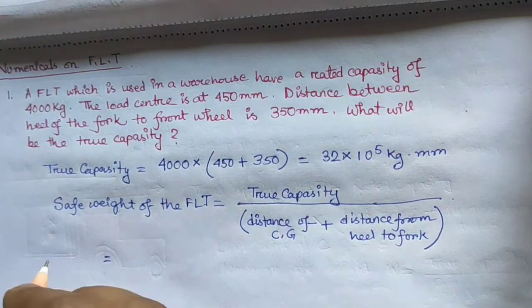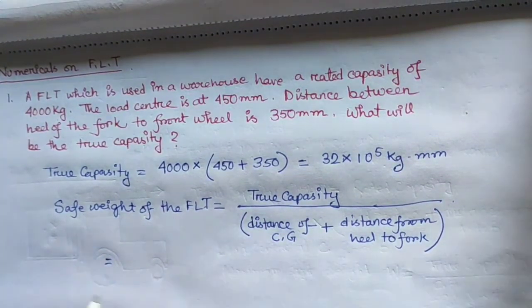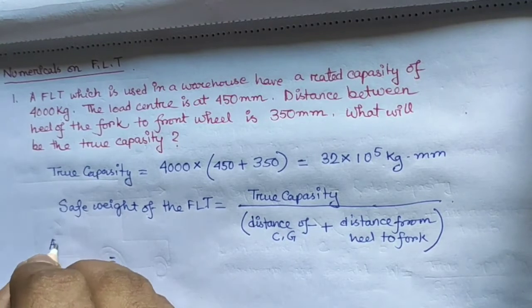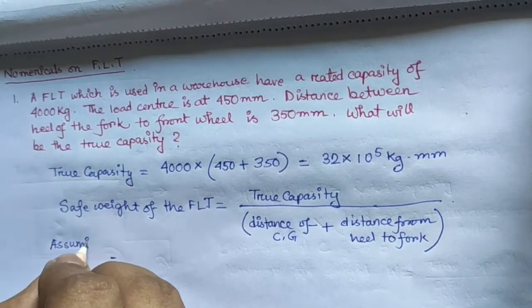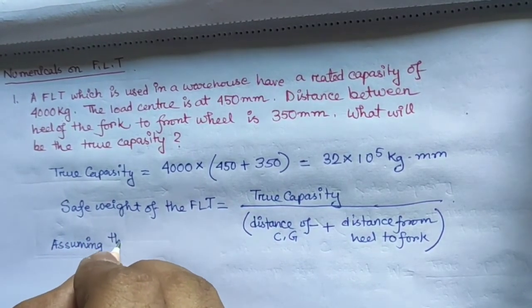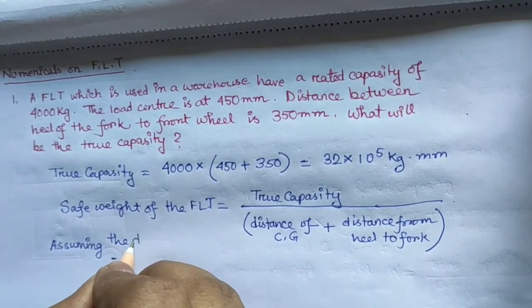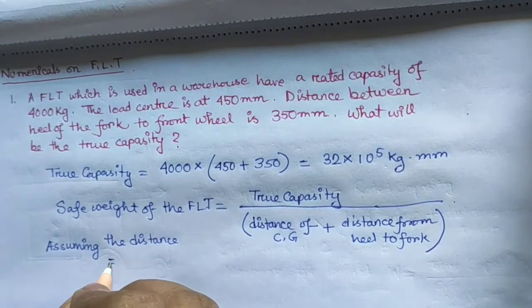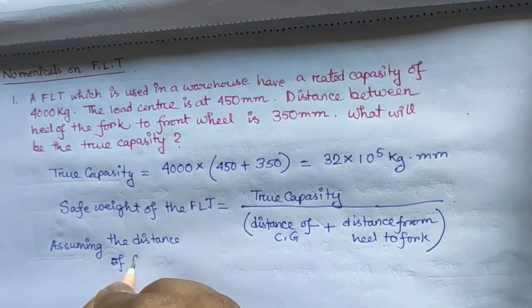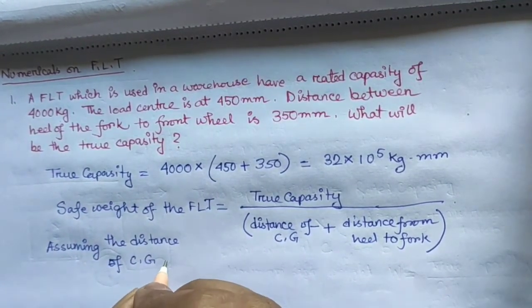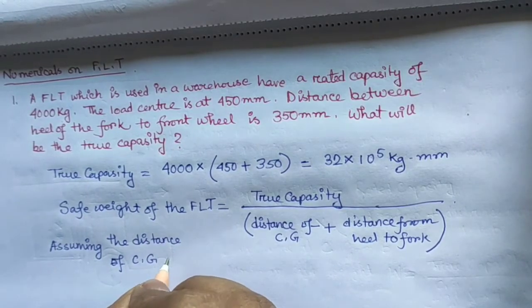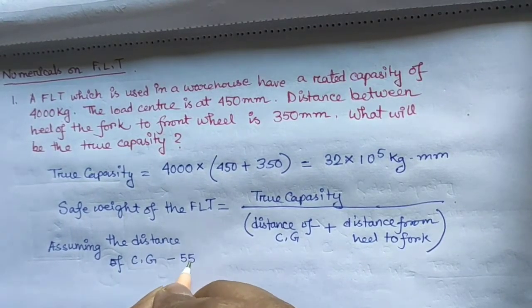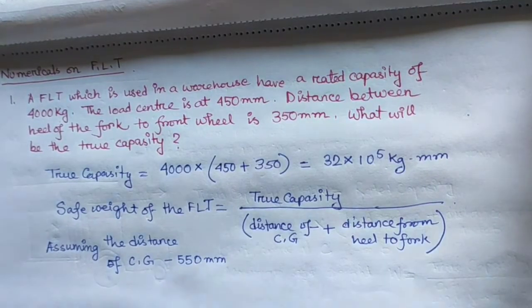So if we assume the distance of CG is, suppose, 550 mm.